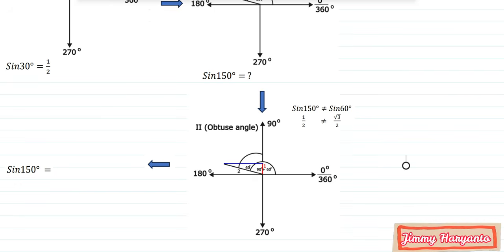But because we are focusing on the 60 degree, sine 60 degree is not the same as sine 150, so we cannot change sine 150 into sine 60 in this case. But we do know that sine 150 degree is half, and also cos 60 degree equals half.